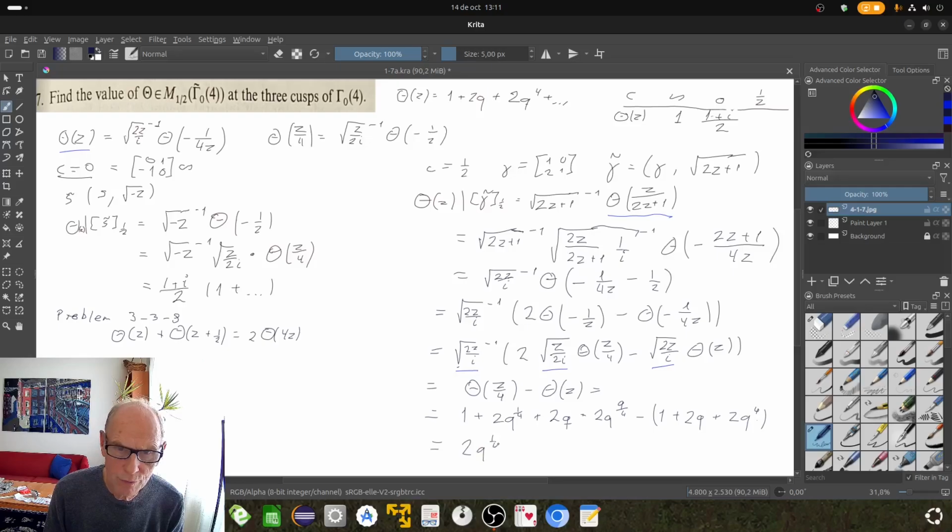2q to 1/4 plus 2q to 9/4 plus 2q to 25/4, and you can see we can put out q to 1/4. 6, that's the triangle numbers we get here.